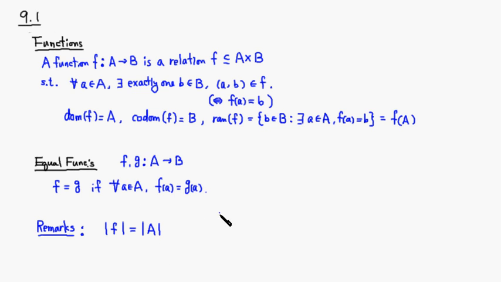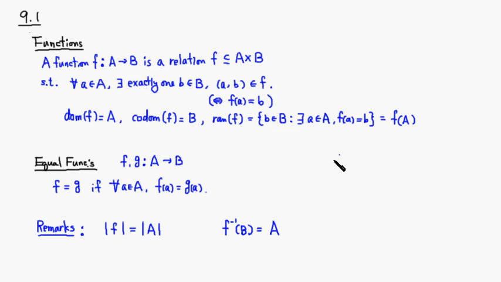Then if you look at the inverse image, since this is a relation, we can talk about inverse. So the inverse image of the entire codomain B would always be the domain A, right?